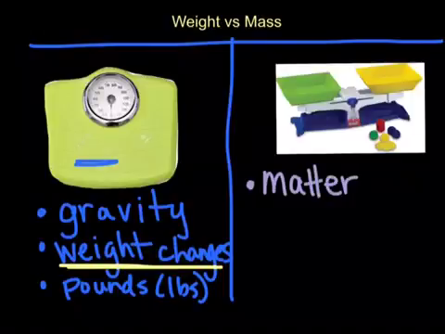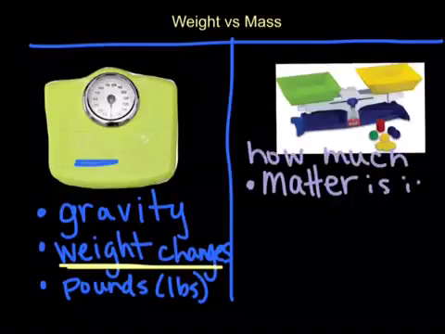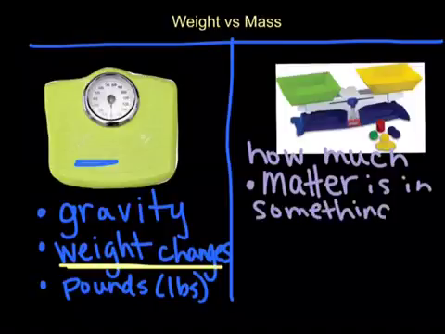So how much matter, I guess I should write how much matter is in something. And the key word there is matter. And when we talk about matter, all that is how much stuff is inside something.